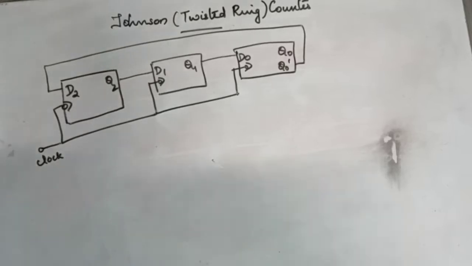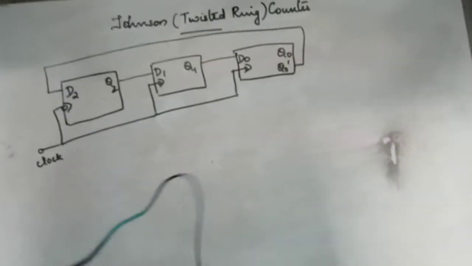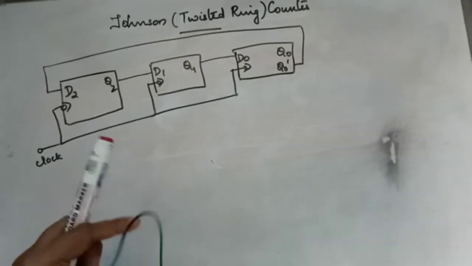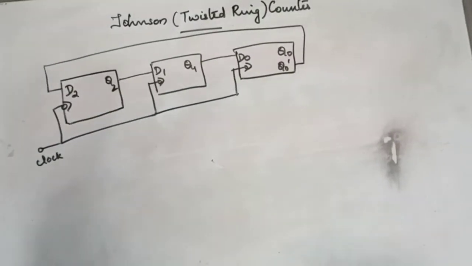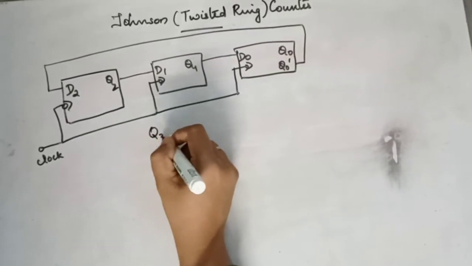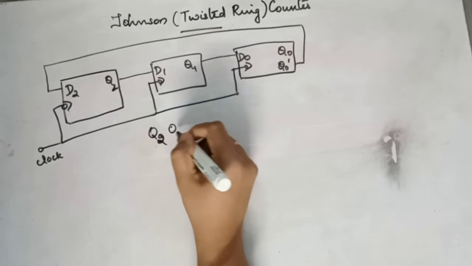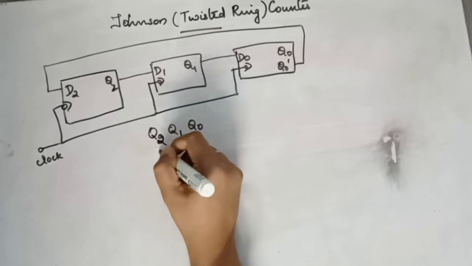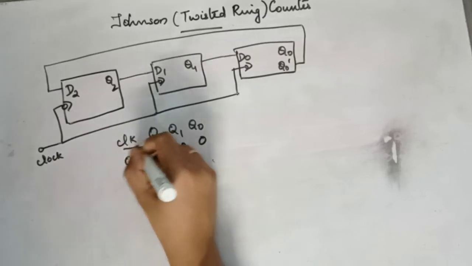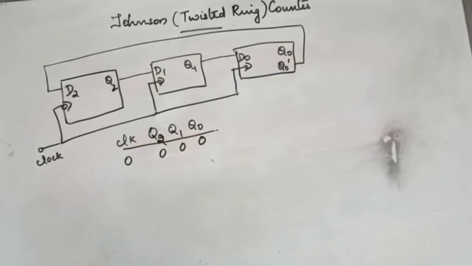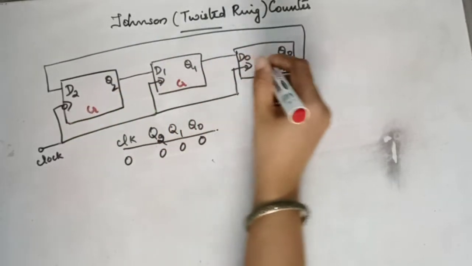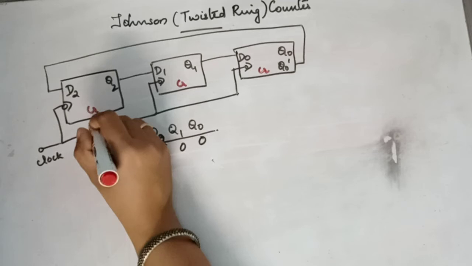Okay. And the initial state is 0 0 0. So Q2, Q1, Q0 is 0 0 0 for clock 0. So how do you set that? By making all the clear equal to 0. So here you have clear, here you have clear, here you have clear.